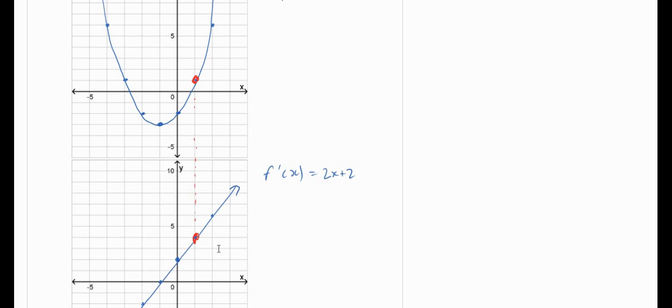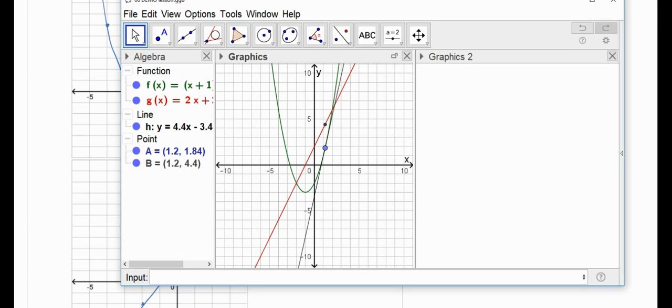So again, here we have a little demo that we can look at. The red line is the derivative function. It's 2x plus 2. It's the same one. The green line is the same parabola. I'm going to start over here. So here's my point. And you can see the tangent is this black line.